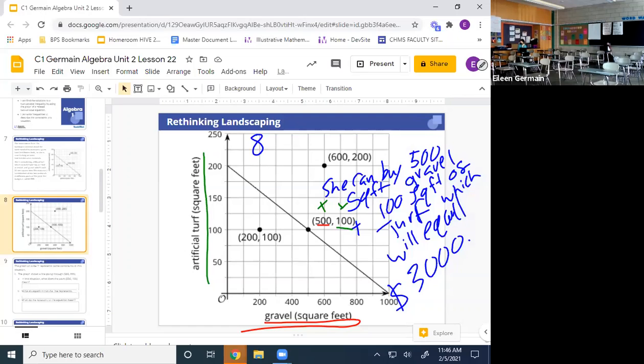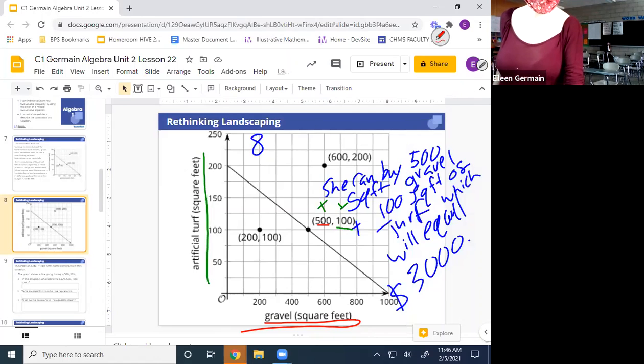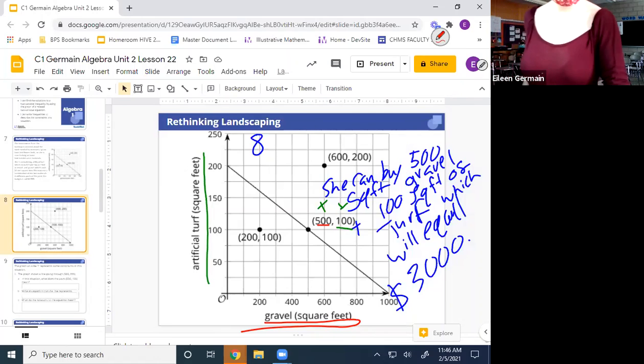Now it says we have to write an equation for this new set of constraints, because we had that equation before of 2x plus 12y equals $3,000.